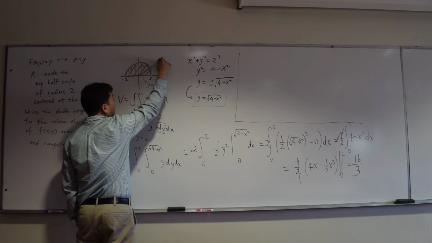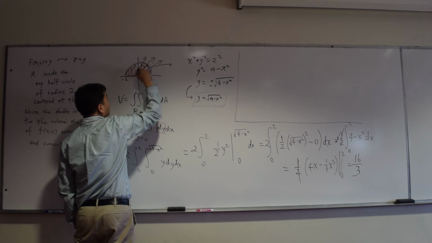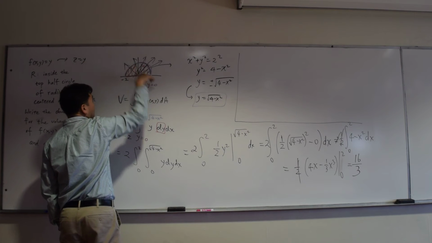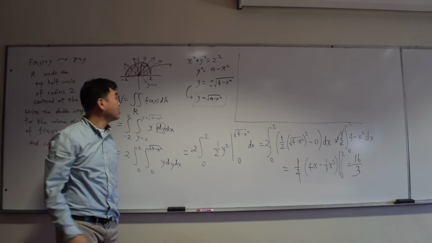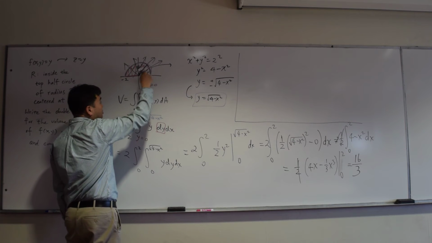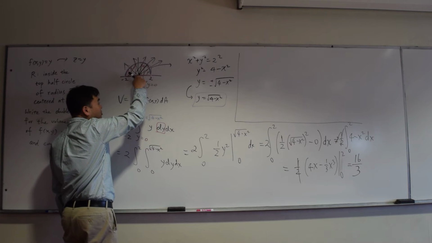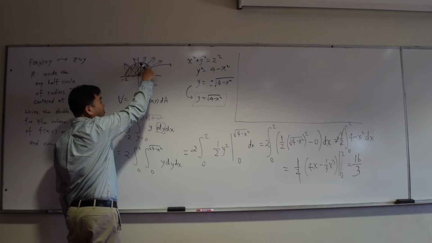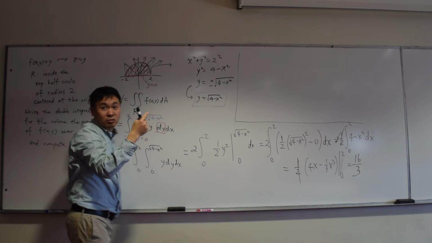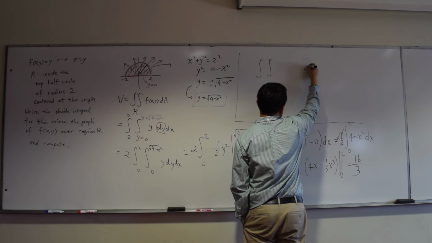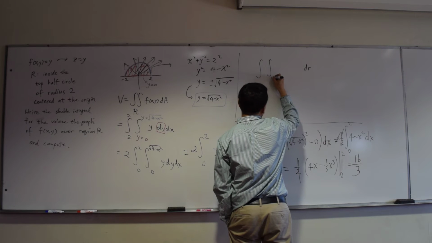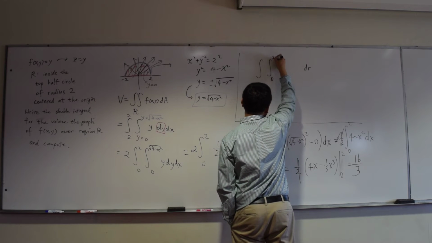If you try to think about covering this region by outgoing brushes from the center in the radial direction, all the brushes start from 0 and it ends when it hits this circle. What's this length? 2. The same as the radius, so it's 2, right? So if you use dr, you would have r going from 0 to 2.